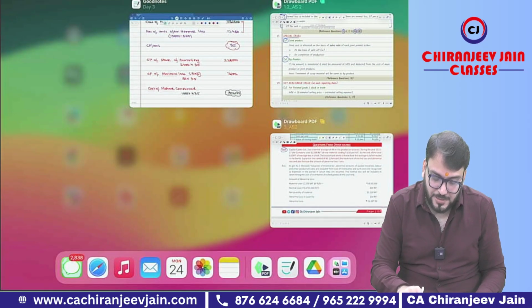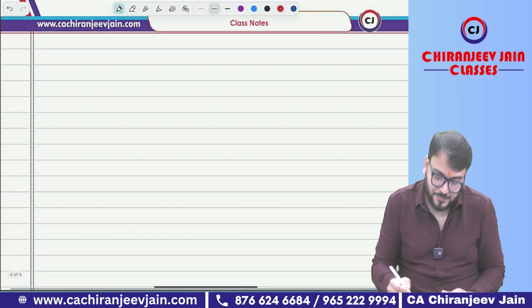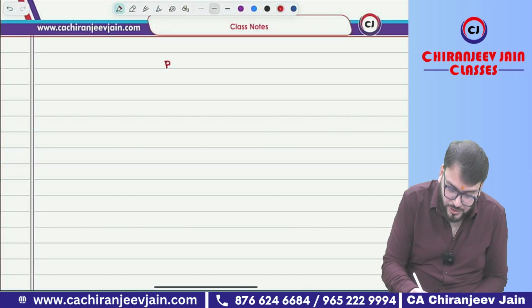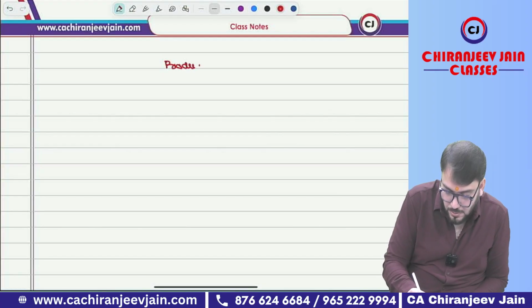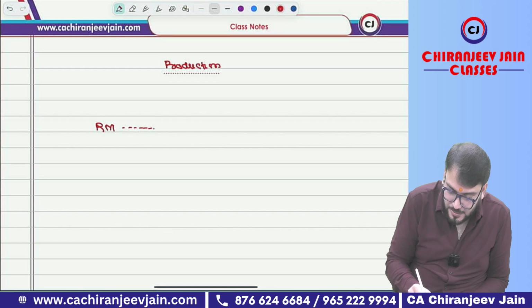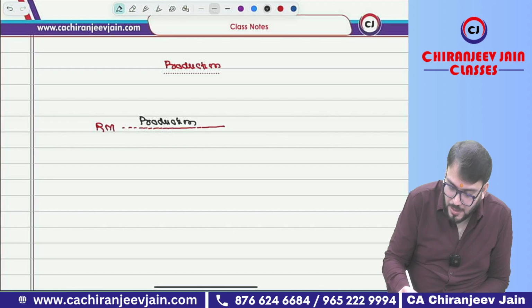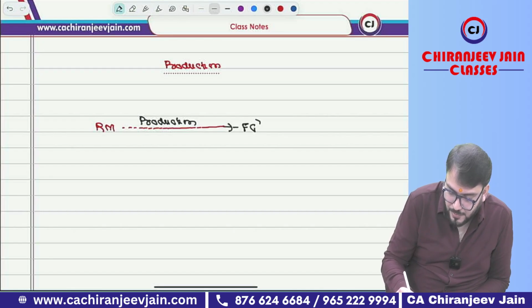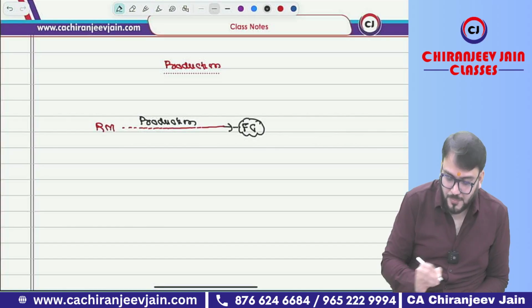So normally we'll first purchase raw material. So in a production process, first we'll purchase raw material, then we'll put that into our production process, and then finished goods will be produced.